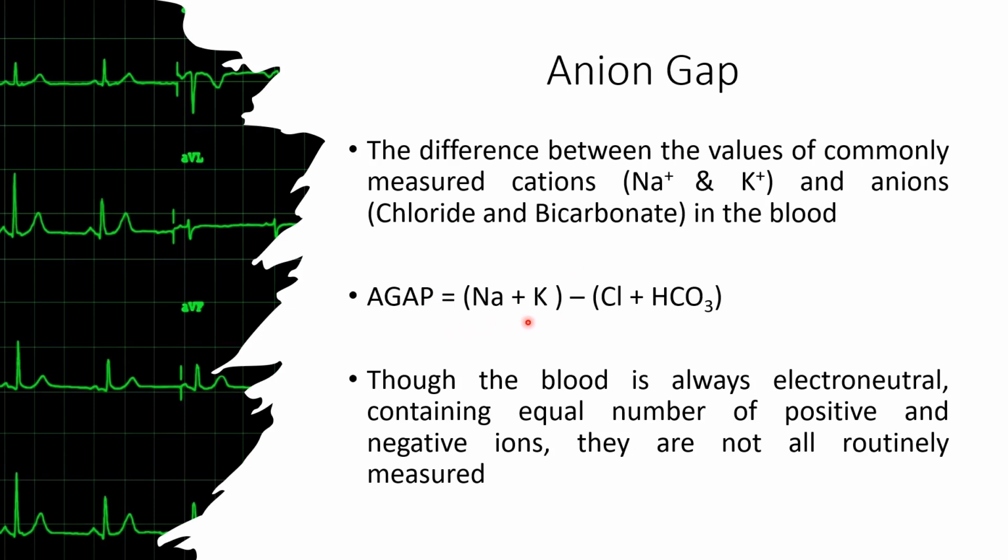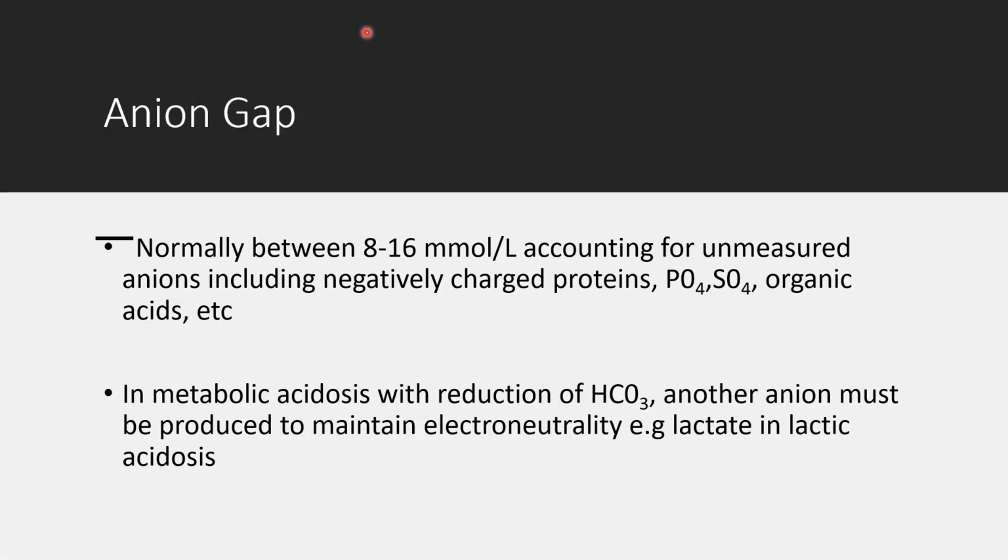So sodium plus potassium minus chloride and bicarbonate will give us the value of a normal anion gap. When the calculation is done, the normal anion gap is expected to be between 8 to 16 millimole per liter, accounting for all the unmeasured anions, including negatively charged proteins, phosphates, sulfates, and organic acids in the blood.